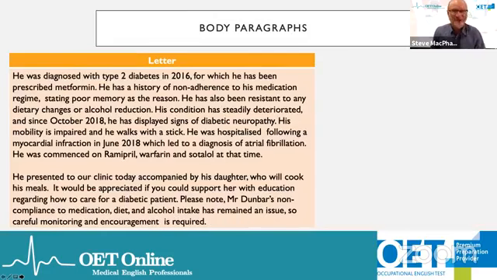Okay, let's continue. Then let's look at our body paragraphs, everyone. I'll read it out. He was diagnosed with type 2 diabetes in 2016, for which he's been prescribed metformin. He has a history of non-adherence to his medication regime, stating poor memory as the reason. He has also been resistant to any dietary changes or alcohol reduction. His condition has steadily deteriorated, and since October 2018, he has displayed signs of diabetic neuropathy.